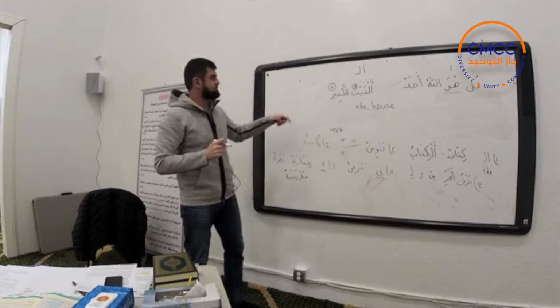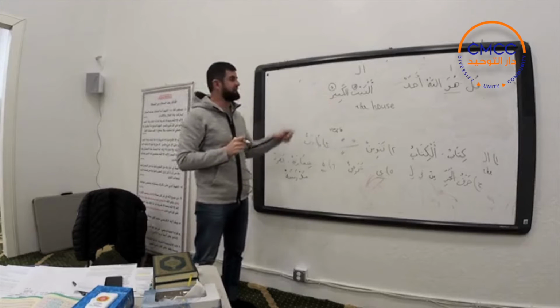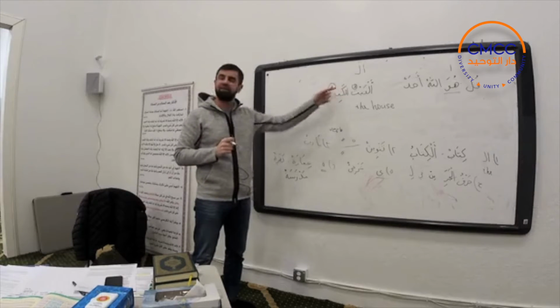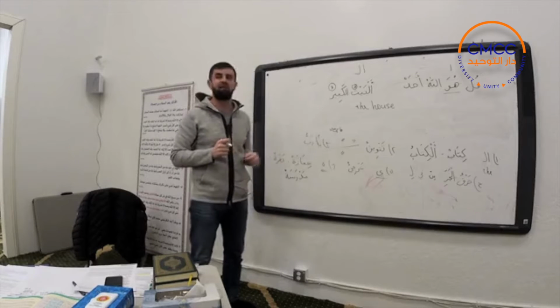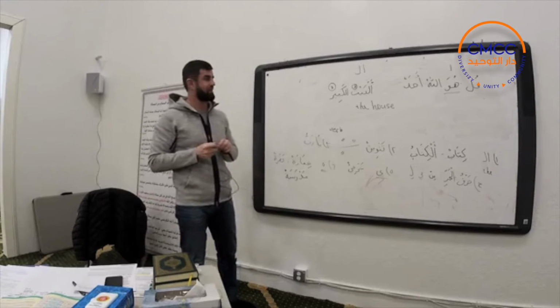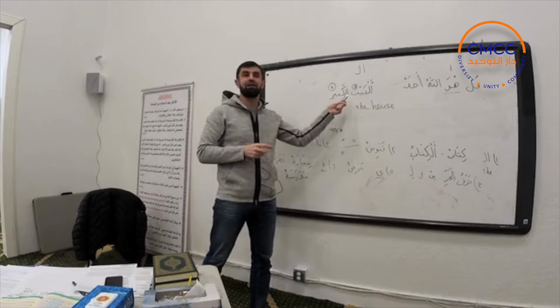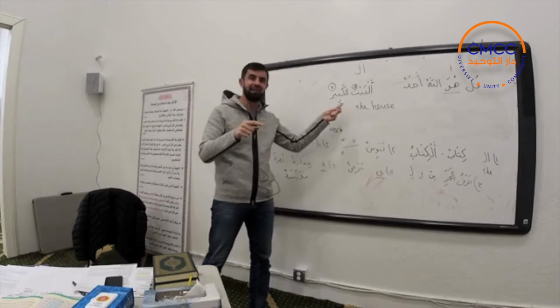So, for example, we're talking about damma. What happens if it is kasra? Al-baytin. Normally, yes.